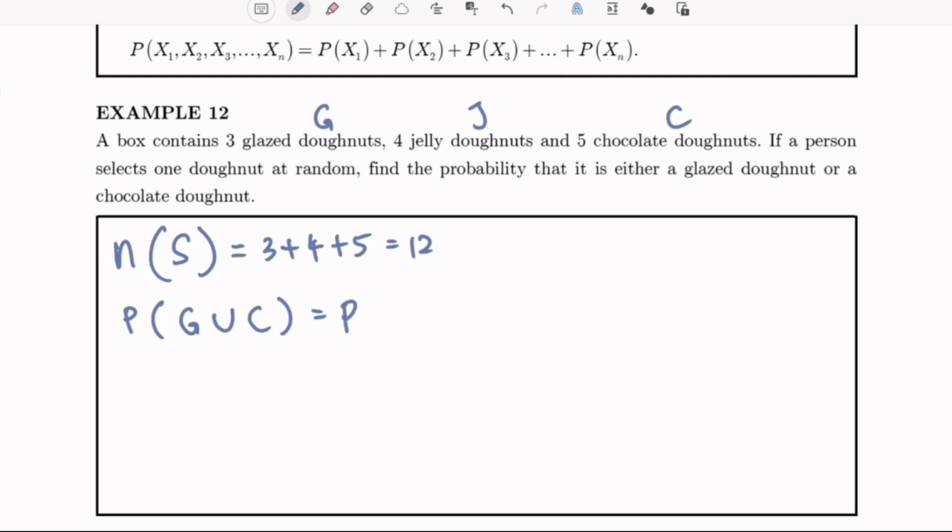This is equal to P(G) plus P(C) equals 3 over 12 plus 5 over 12. Simplify and you'll get 2 over 3.